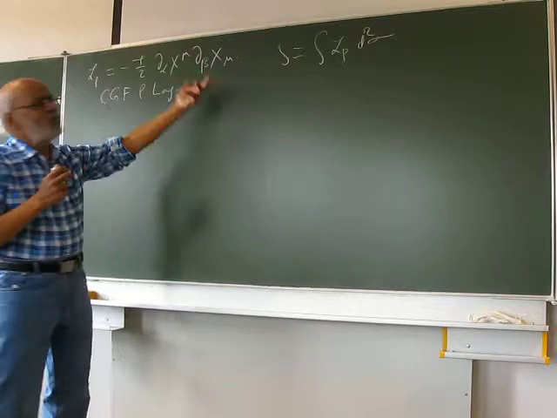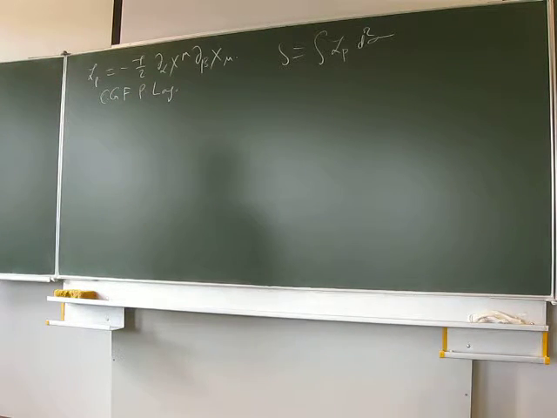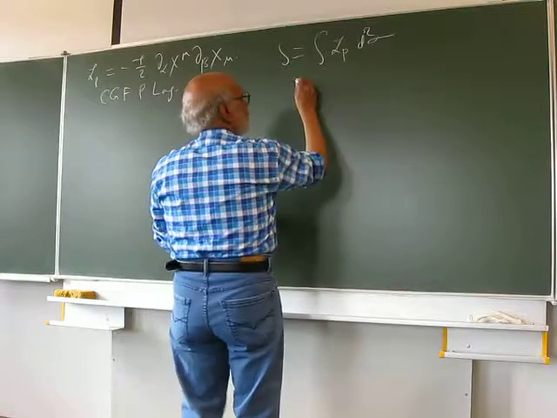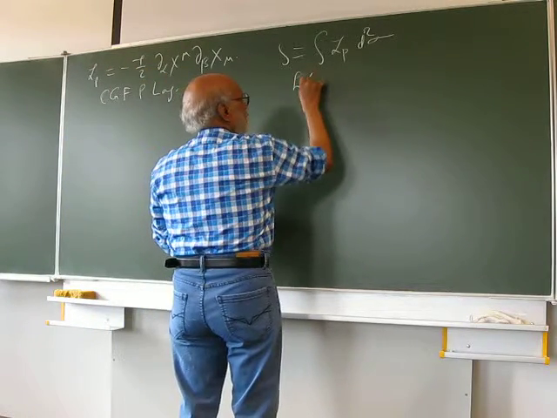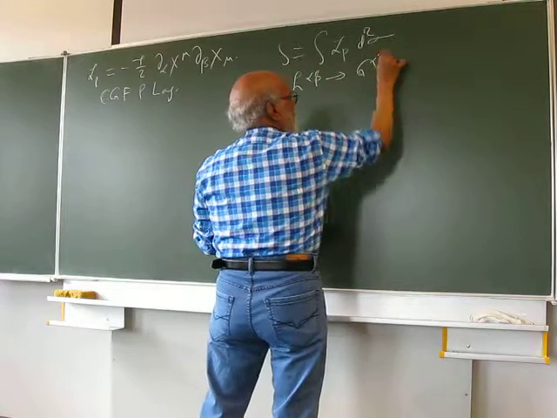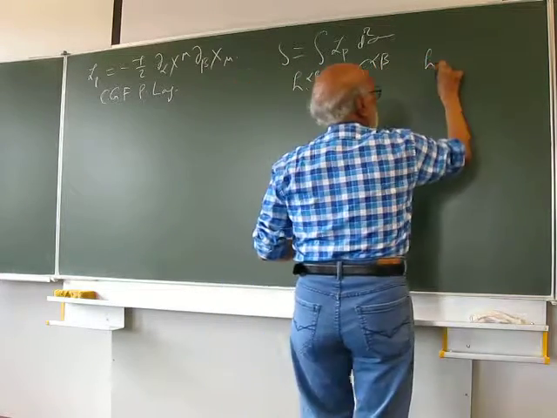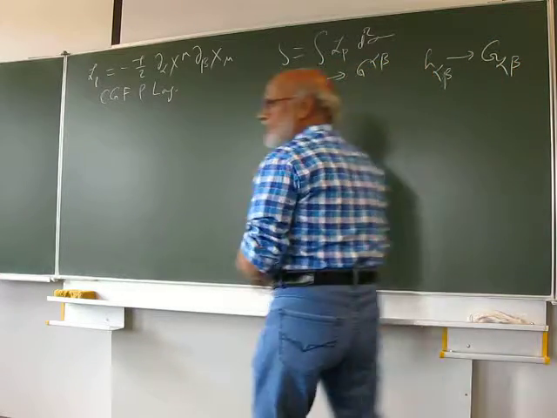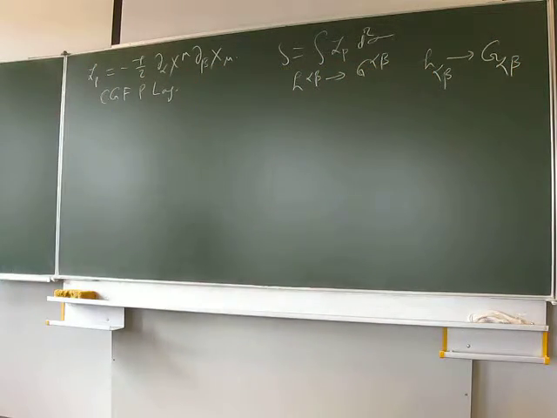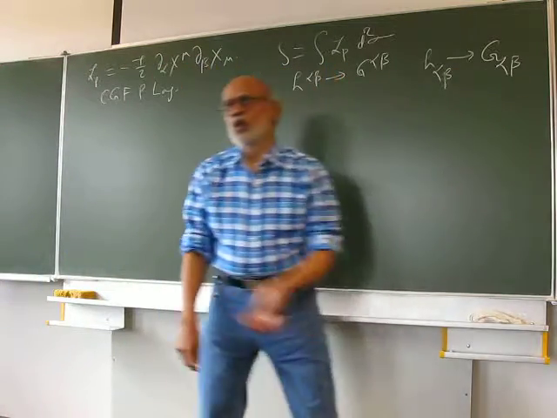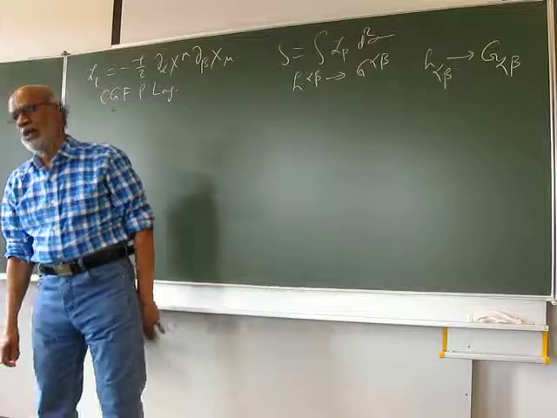So this is what we obtained after the gauge fixing, after the conformal gauge fixing, where you assume h alpha beta to be proportional to eta alpha beta, correct? And we put the proportionality constant to be equal to 1.